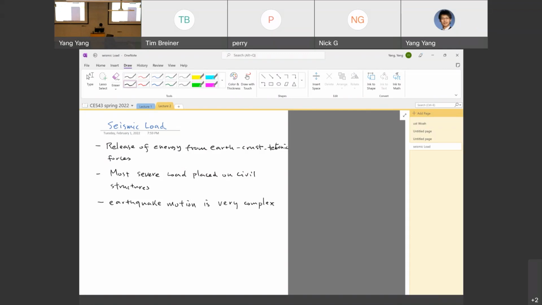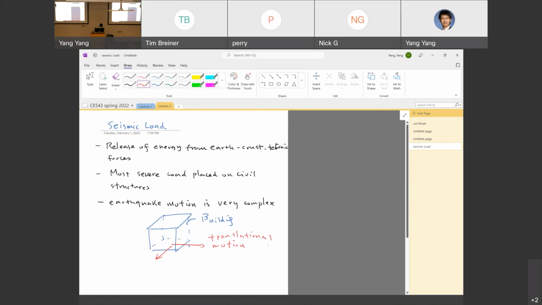Because, for example, if we have a building here, under earthquakes you will typically have motions in two translational directions, in two perpendicular directions.